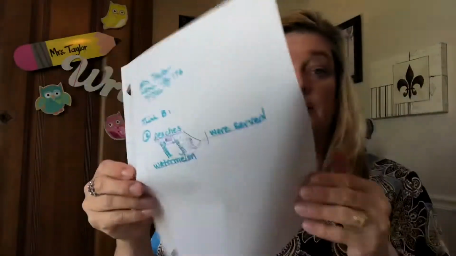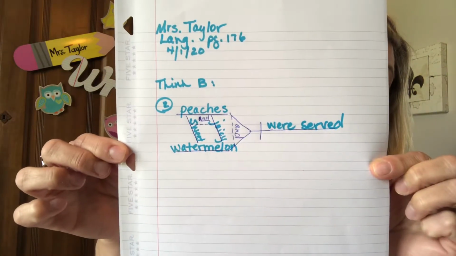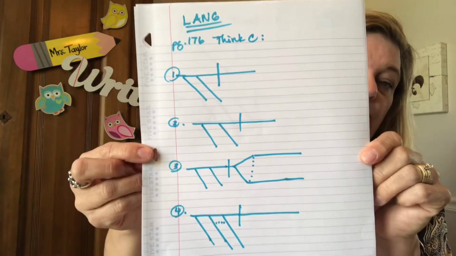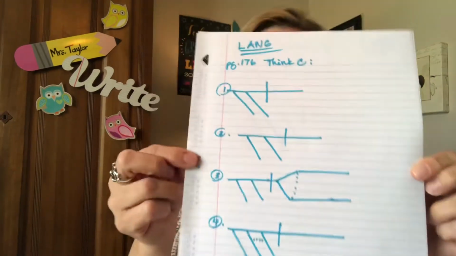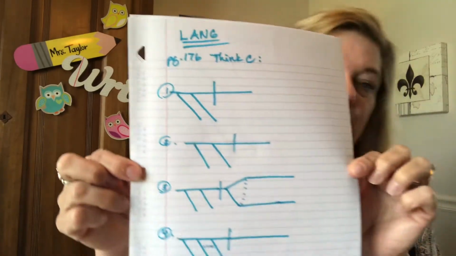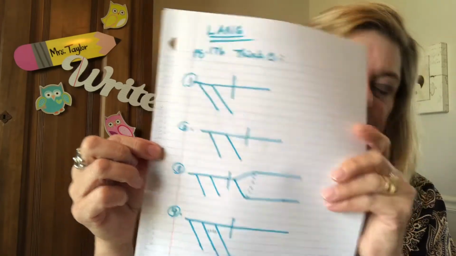But I want us to first, on Facebook, I've posted the answer to Think B number 2. I have posted and emailed this as a format for you to go back and check your work.